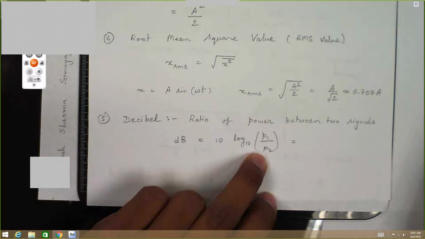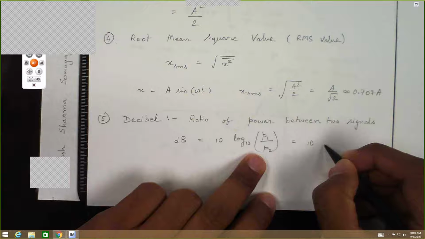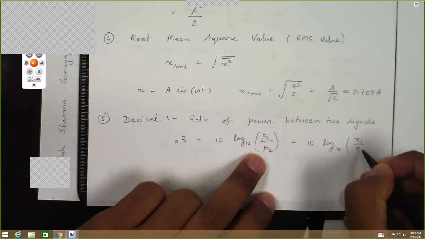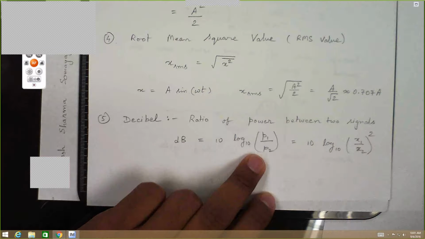And energy, as we saw, was related to the mean square value, or in other terms, the square of the amplitude. So in a certain sense, you can say that this is nothing but log 10 of x1 over x2, the signal itself squared.